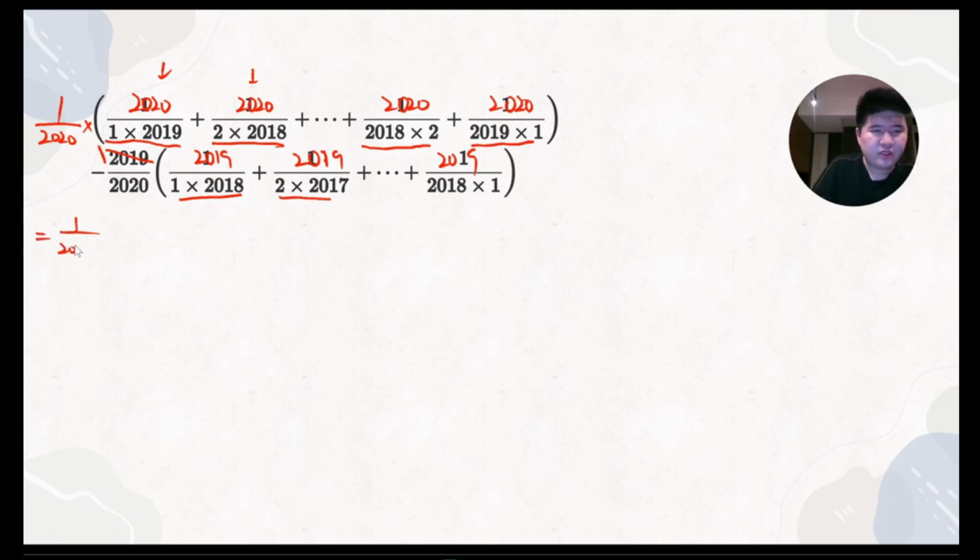1 over 2020, and then plus 1 over 1 times 2019 plus 2019 over 1 times 2019. Maybe we just change the position of them.